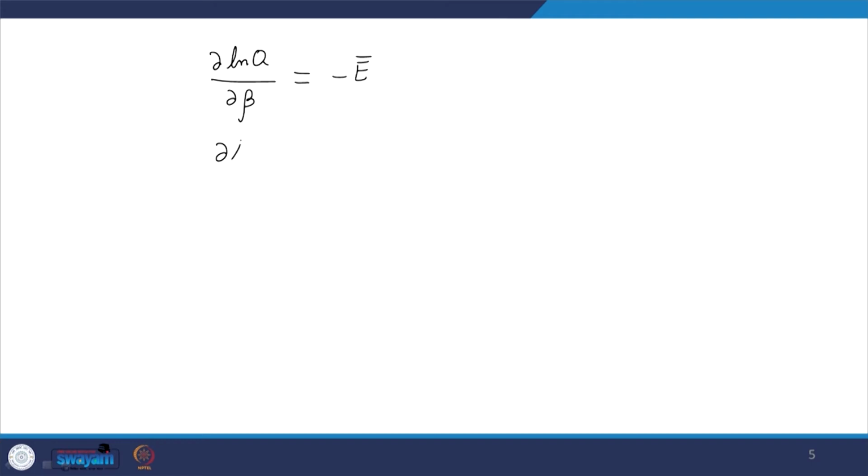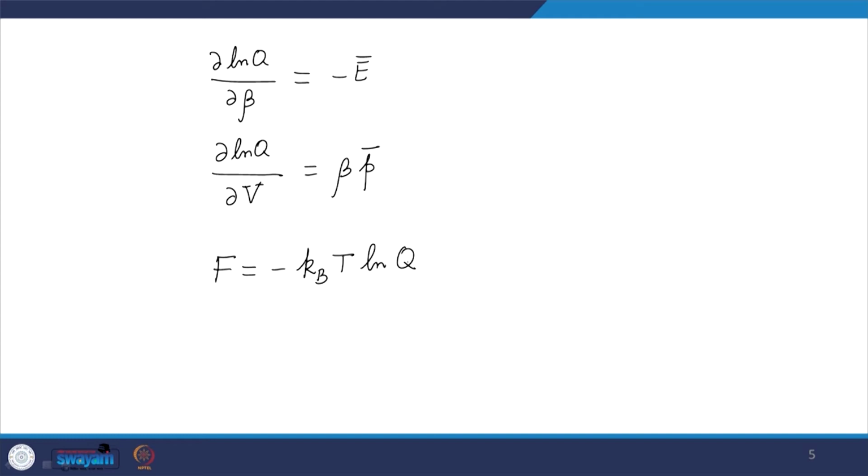If I do dou ln Q by dou V, I essentially get beta P bar, and we clearly have F is equal to minus kBT ln Q.